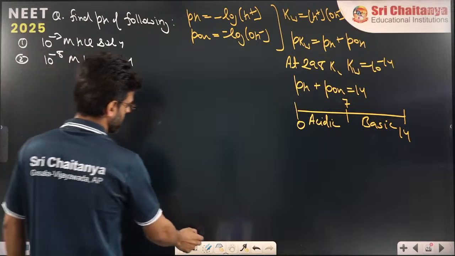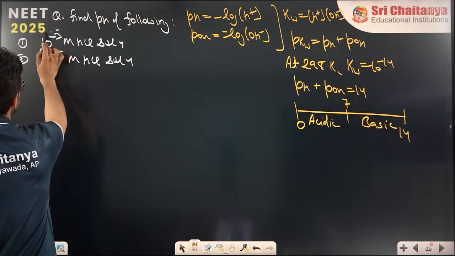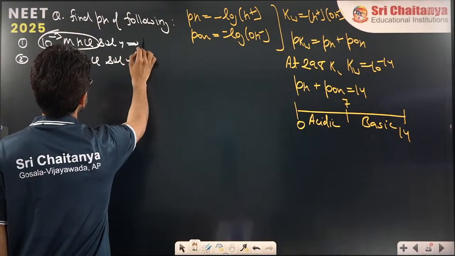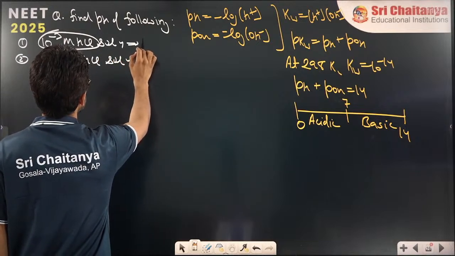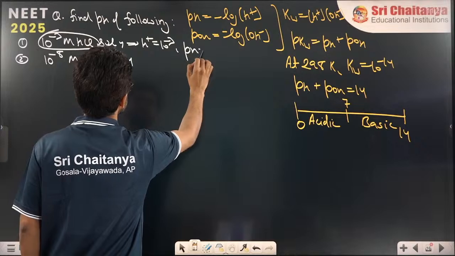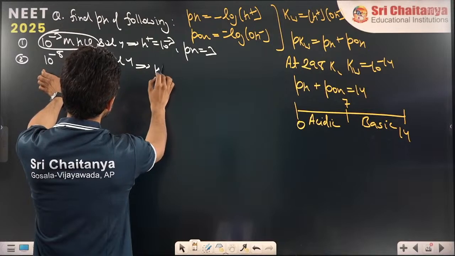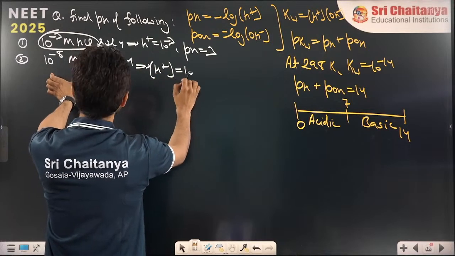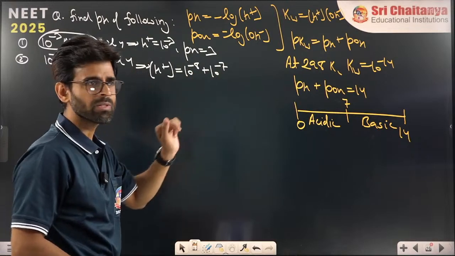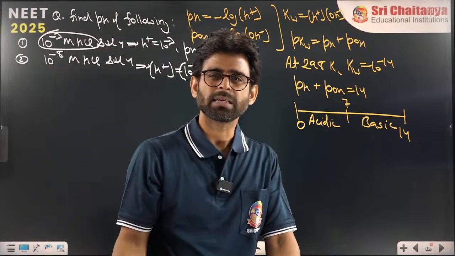Next, let us come to the questions again. We can see very clearly 10 to the power minus 3 molar HCl, strong HCl will ionize completely and give us H plus. H plus is 10 to the power minus 3, so pH is 3. In the case of very low concentration, H plus will not be just 10 to the power minus 8, because water also gives approximately 10 to the power minus 7 H plus.